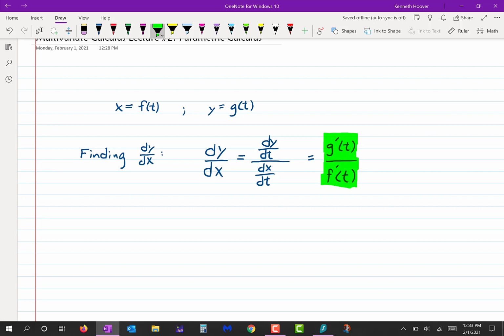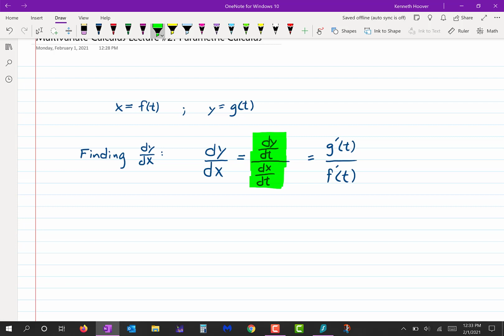But this formula, if I ever forget it, I can always remind myself, because it's just like fractions.